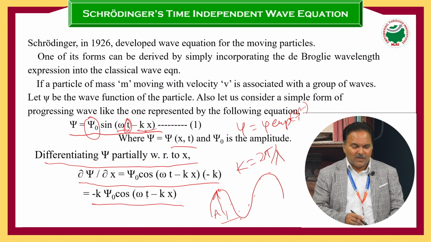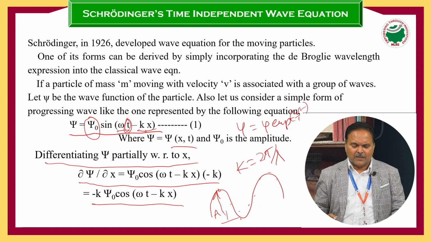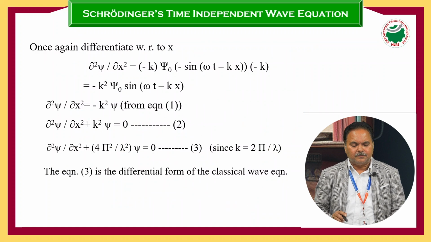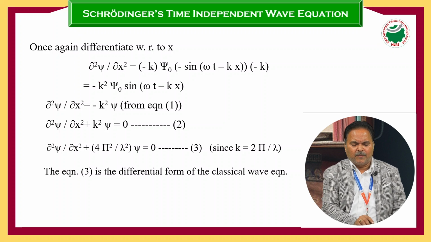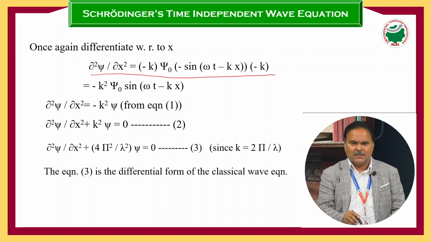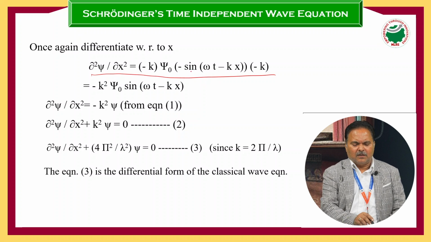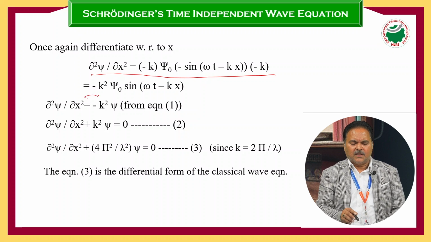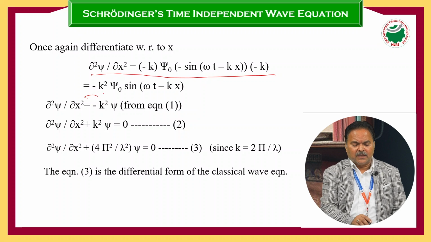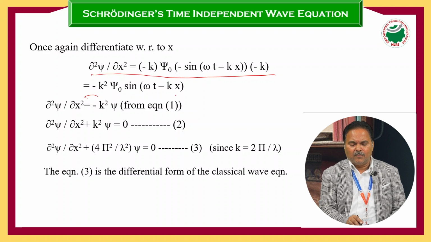But still the t term will be there, so we have to differentiate this equation one more time with respect to x. Dou square psi by dou x square equal to minus k psi naught, and cos becomes minus sin, so minus sin(omega t minus kx) into once again minus k. This gives k square, and the minus sign from the sin comes out, so minus k square psi naught sin(omega t minus kx).